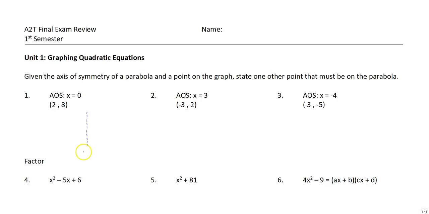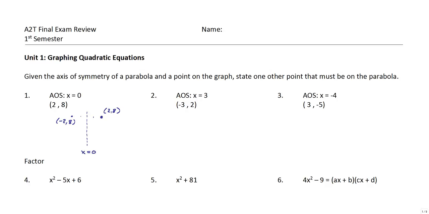If our axis of symmetry is x equals 0, and one of our points on our parabola is (2, 8), then that point is 2 units to the right of your axis of symmetry. There's going to be another one at the exact same height, 2 units to the left. So another point that is guaranteed to be on that parabola is (-2, 8), just because we had to go 2 units to the other side.